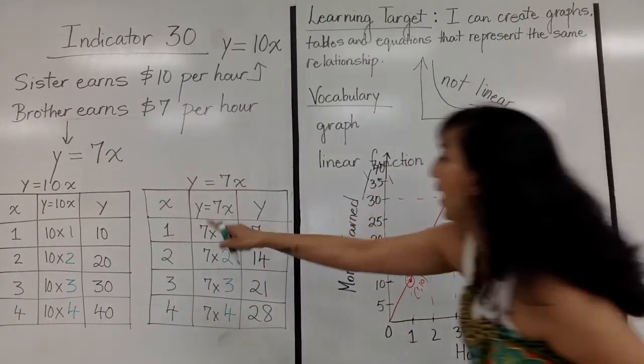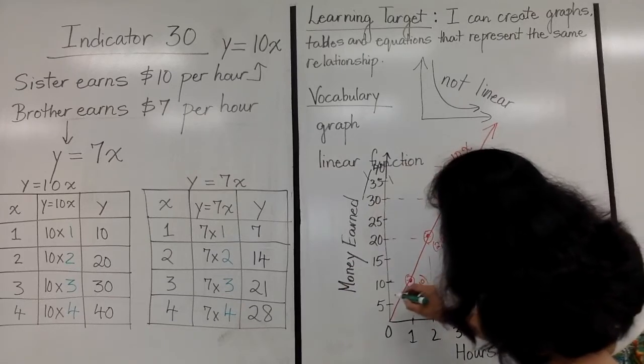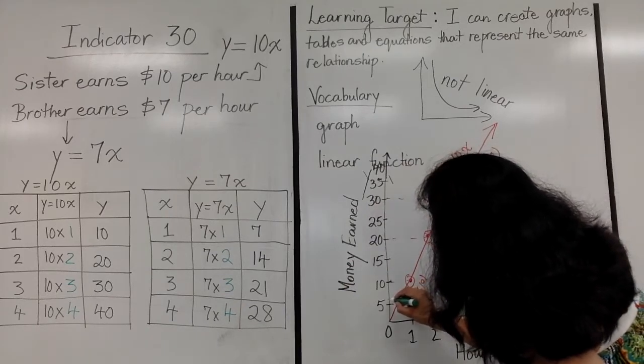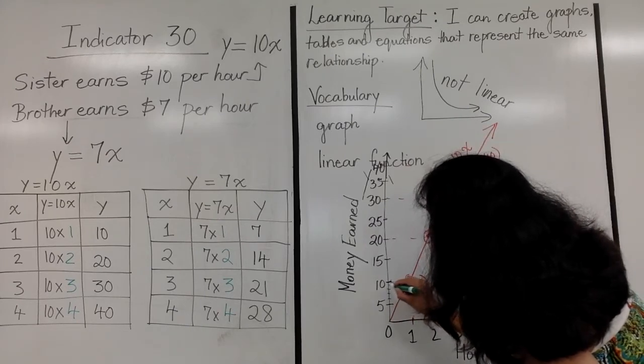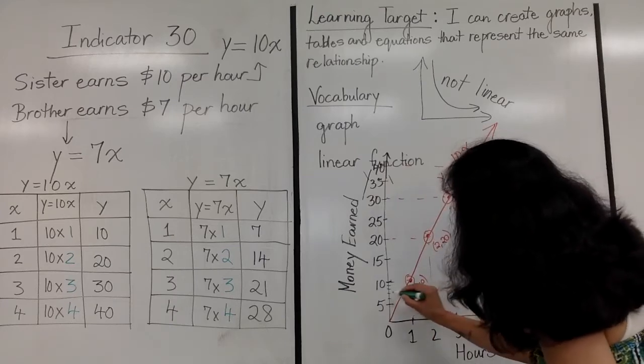If it's saying 1 and 7, so at 1, 7 will be somewhere because this is 5, 6, 7, 8, 9. So this is 6, 7, 8, 9, 10. So 7 will be somewhere here.